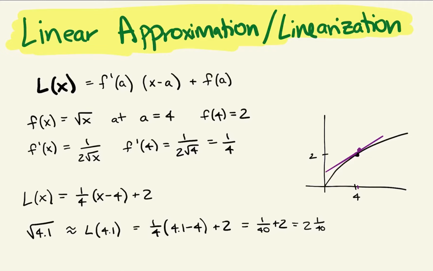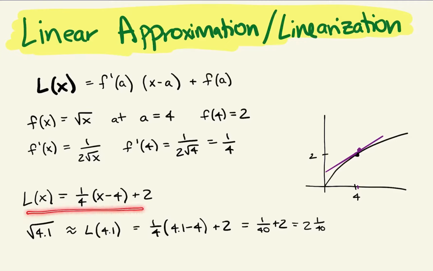So for example, if we tried to find the square root of 4.1, right, that's very close to 4, we can think about it as a point along this line, and it'll be an approximate value for the square root of 4.1. It's placed on this curve. If we took points that were farther away, like over here or way up here, it would start to be a very poor approximation. But close to a equals 4, it's a good approximation.